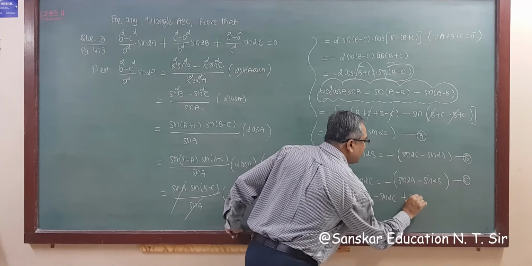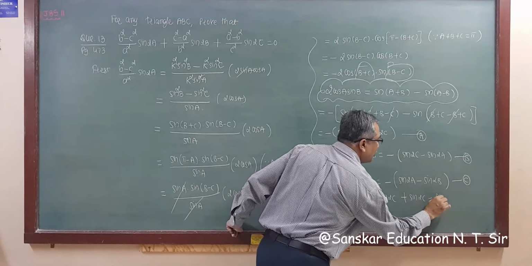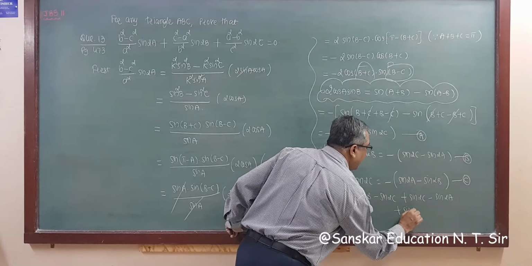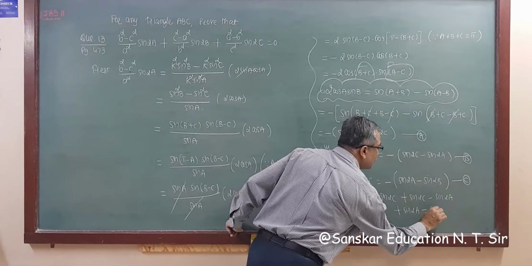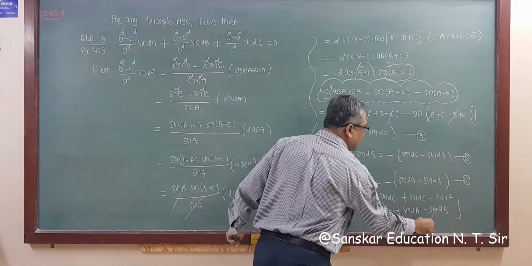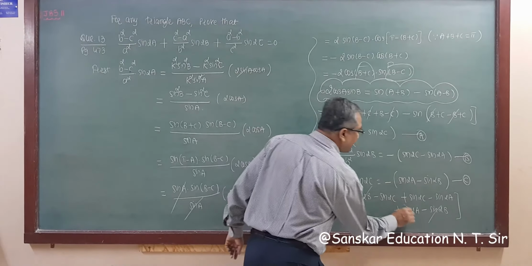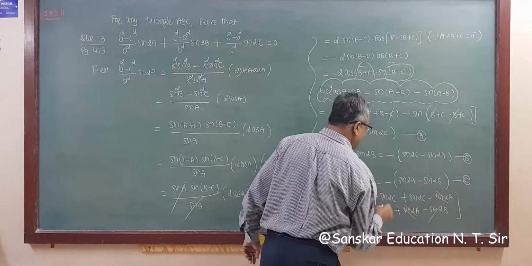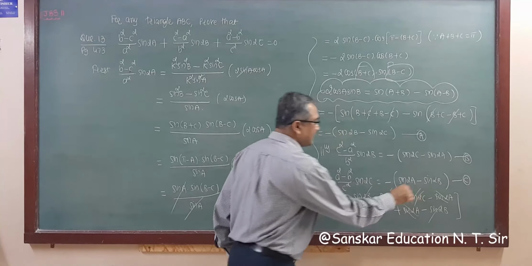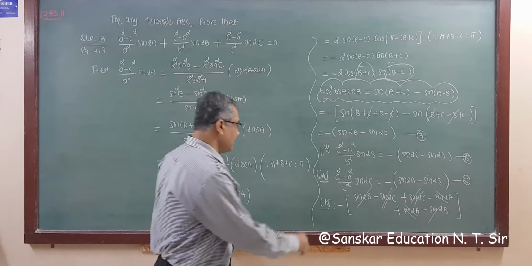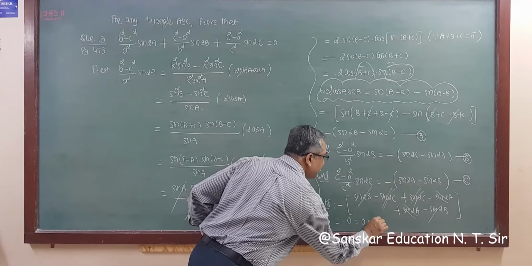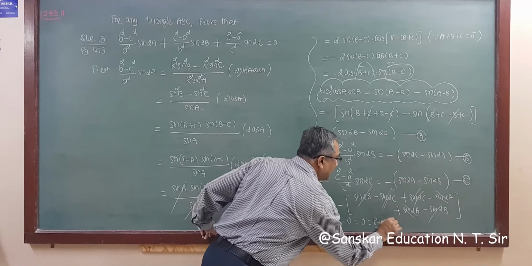Plus sine 2c minus sine 2a plus sine 2a minus sine 2b. So all are cancelled. So answer is minus 0, that is 0, that is right hand side.